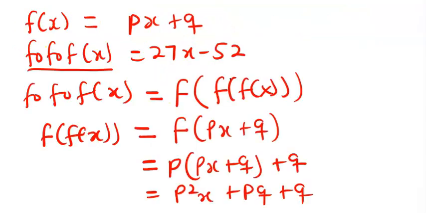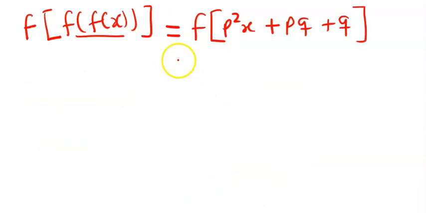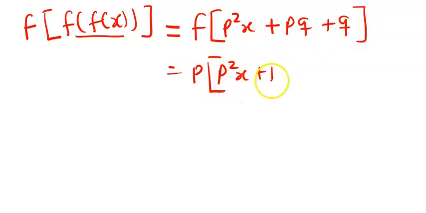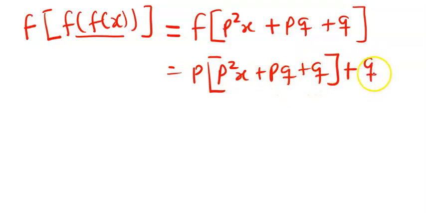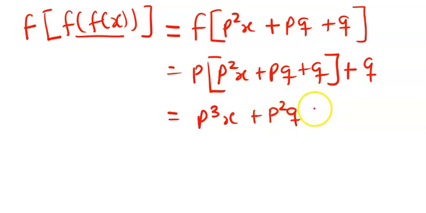So f of px plus q: the x we replace by this whole expression, p squared x plus pq plus q, plus another q. Which is p cubed x plus p squared q plus pq plus q.